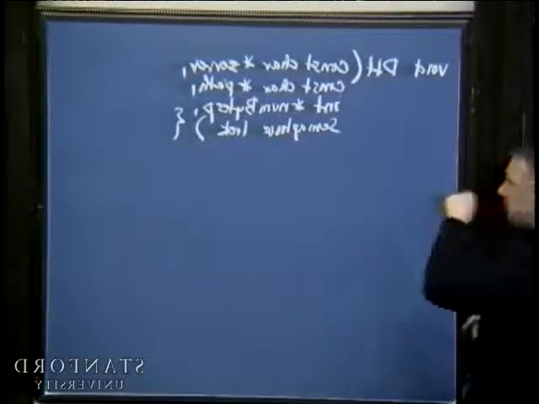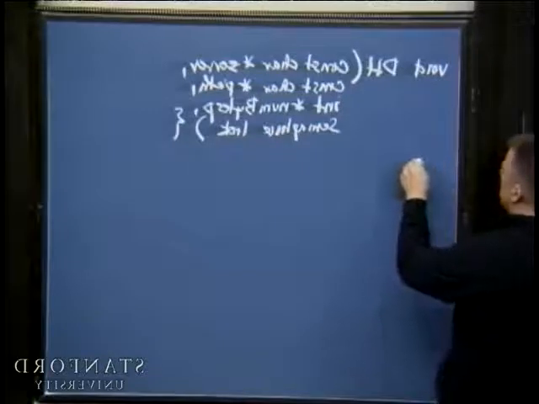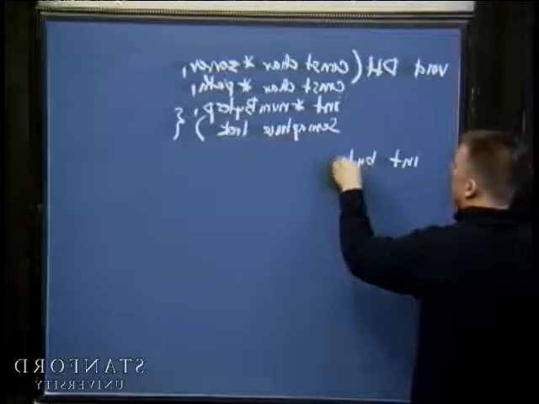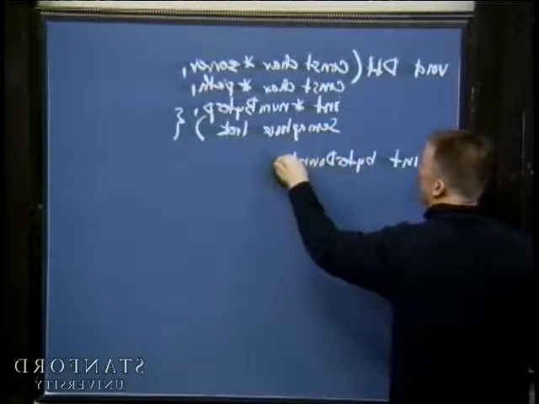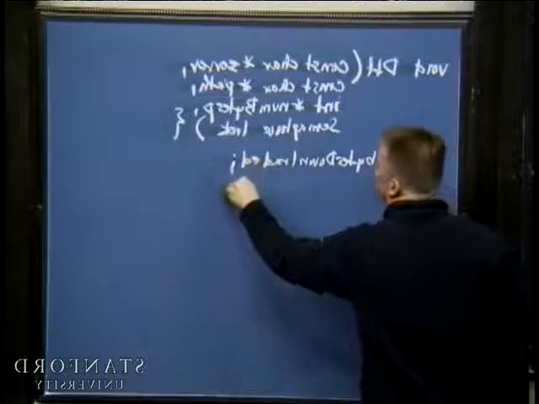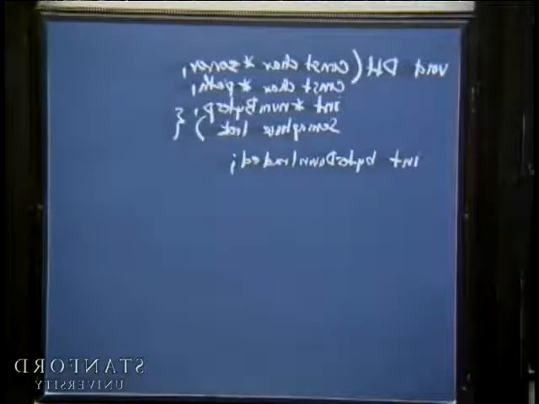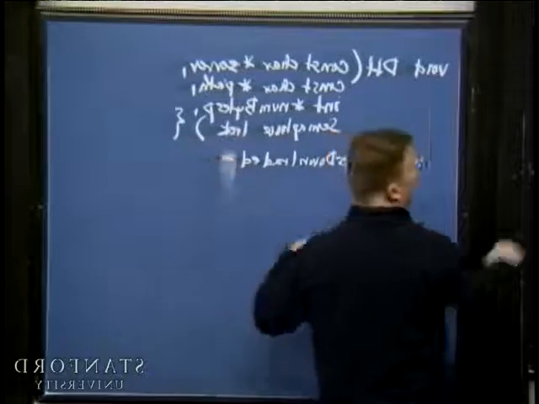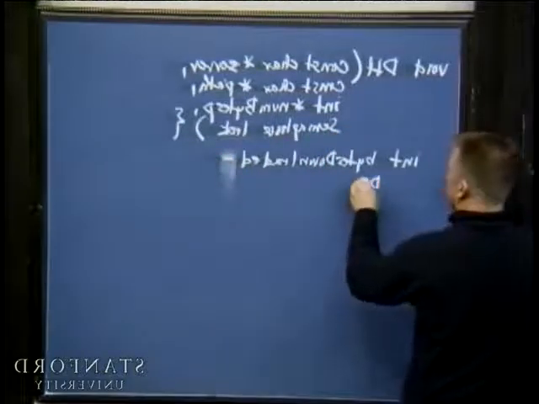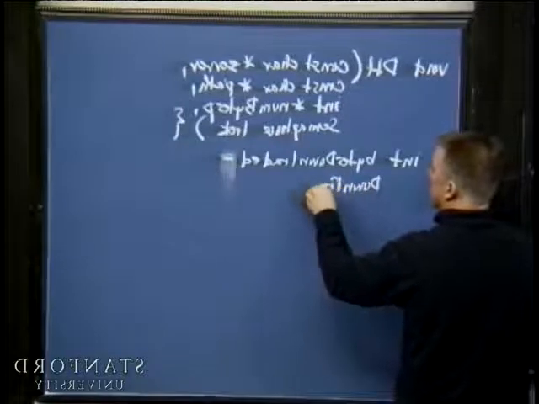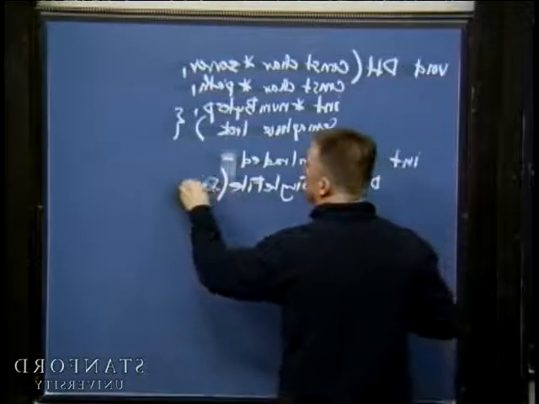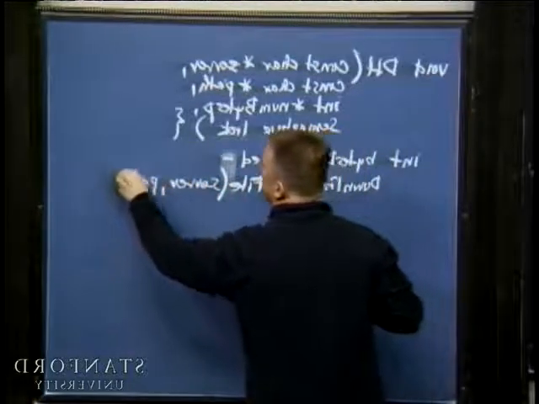What has to happen is that you want to do this int, let's say bytes downloaded, and you want to set it equal to the result of that function, download single file, where you pass in server and you pass in path.